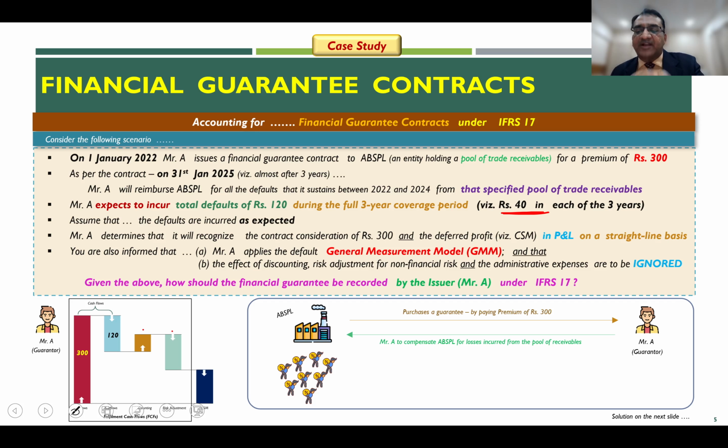And these two we have considered zero as given in the case study. Therefore, 300 minus 120, 180 would be your expected profit. Now, this expected profit has a new name under the GMM model. It is called CSM, Contractual Service Margin. It is nothing but equal to your unrealized profit on that particular contract.